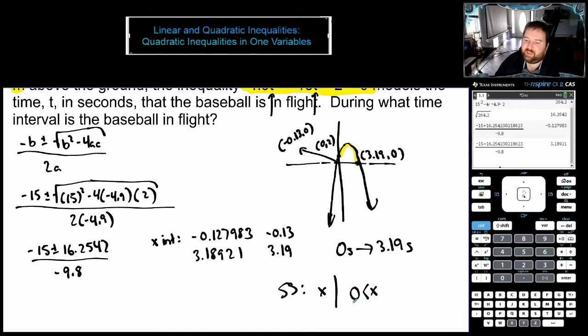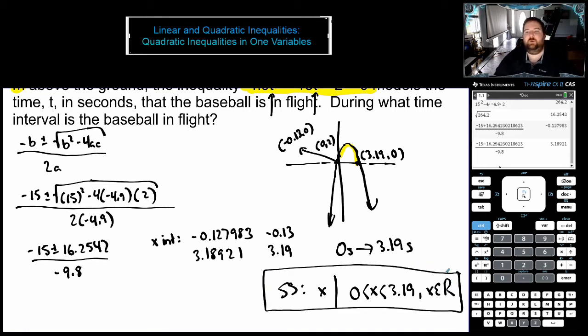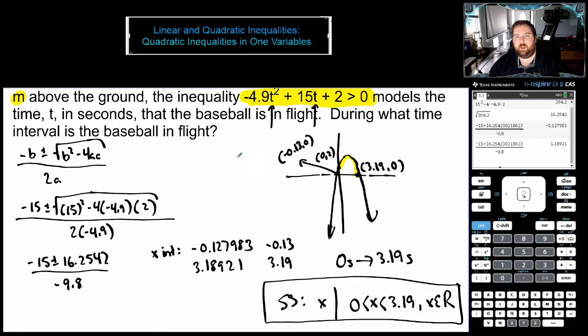So I'm going to say x greater than 0, and x has to be, again, when it hits the ground, it's no longer in flight, and it hit the ground at 3.19 seconds. So I'm going to go less than 3.19 seconds. And x is an element of real numbers. And that's my answer. Now, we're going to check our work using technology here.